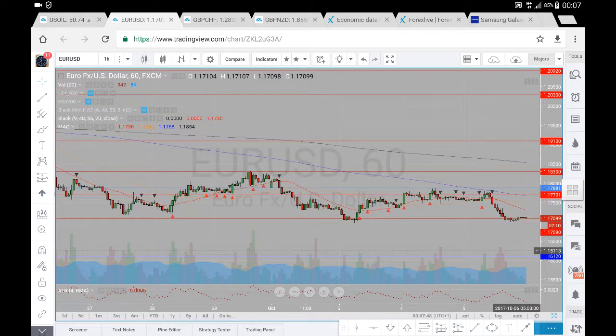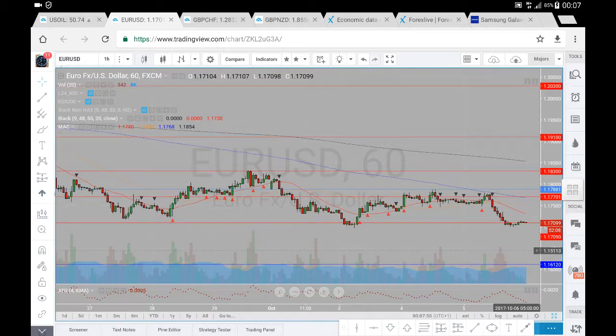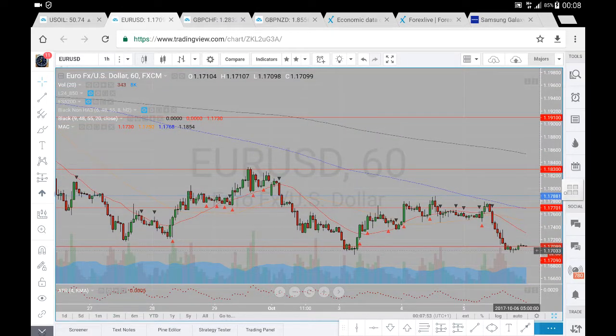So those are the levels to the downside. I've mentioned levels to the upside. I've mentioned the fundamental news, and we've mentioned the dynamic support resistance as well as the horizontal in terms of market structure. So yeah, that pretty much wraps up Euro USD.